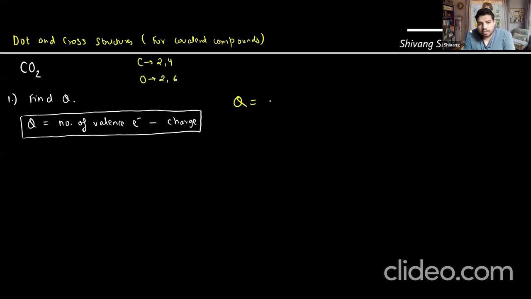So it would be 4 for carbon. There are 2 oxygens, so it would be 2 times 6. And then there is no charge on carbon dioxide. So Q means 16. We can use 16 electrons to complete the shells of all the atoms involved in the structure of CO2.